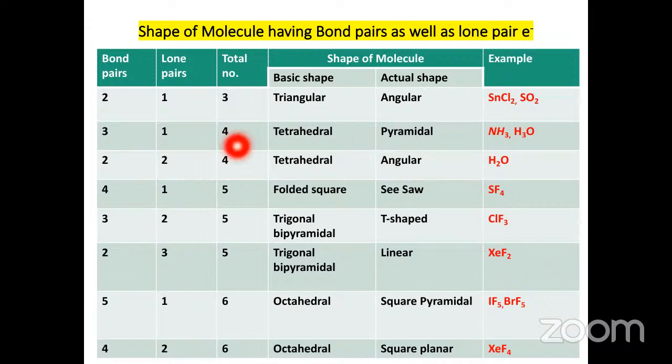Then similarly, the number of electron pairs is 4, of which 2 are bond pairs, and if it has 2 lone pairs, then its shape is angular.